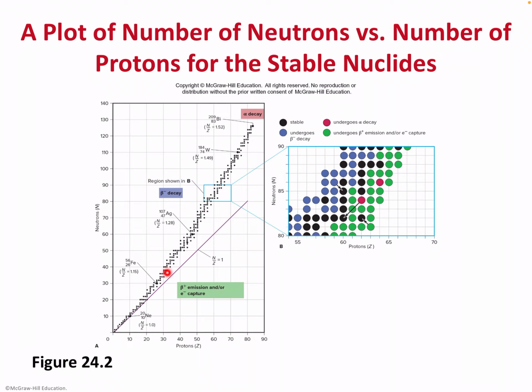Some of these black ones along the band of stability are stable, and some could be a little bit over 1, but they are still stable. But if an element has a ratio N over Z less than 1, it would be unstable, except hydrogen and helium.